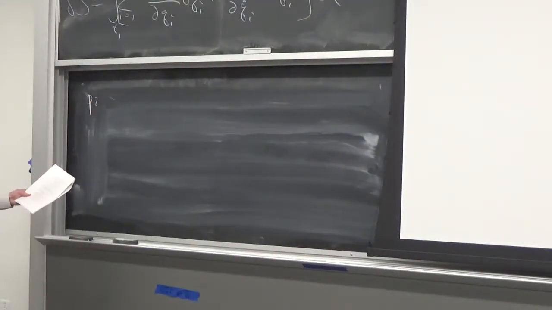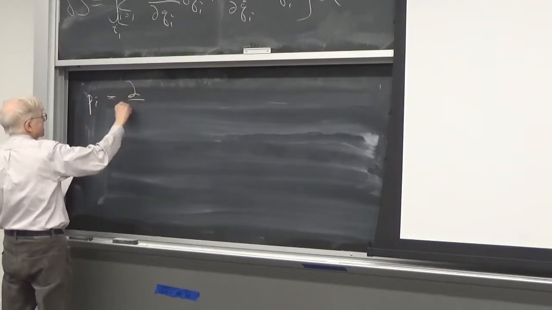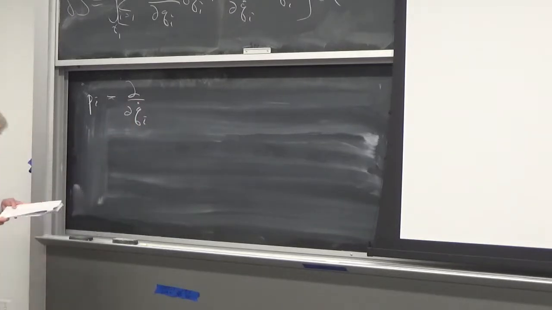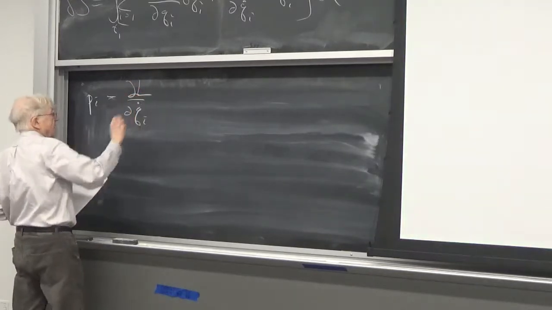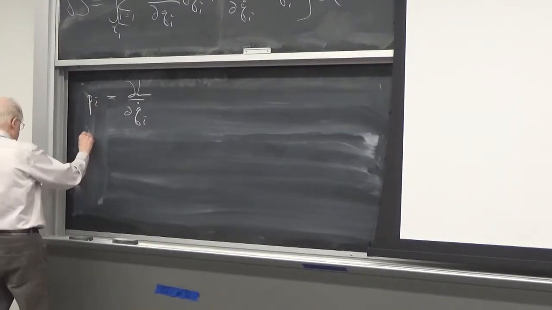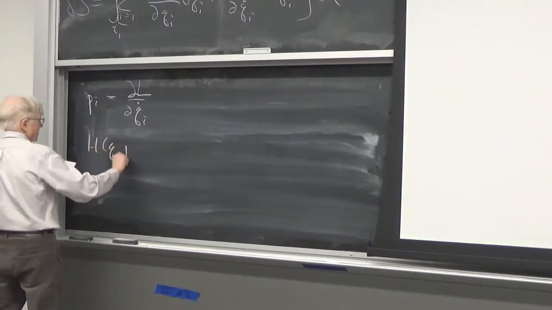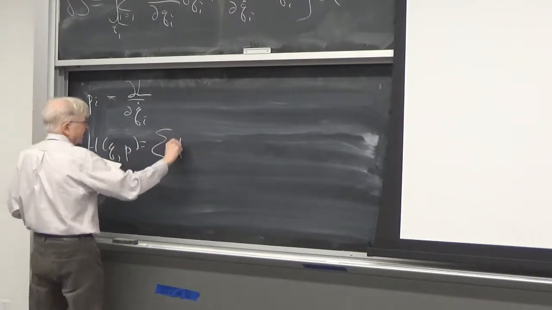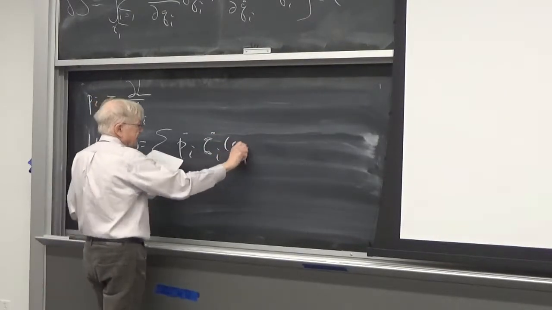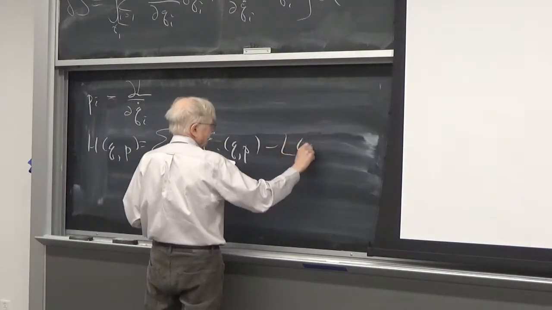Pi is said to be the momentum canonically conjugate to the variable qi. And if we can invert and solve for qi dot in terms of the pi's and qi's, then we can have a Hamiltonian function of q and p be a sum pi qi dot of q and p, minus L of q and p.